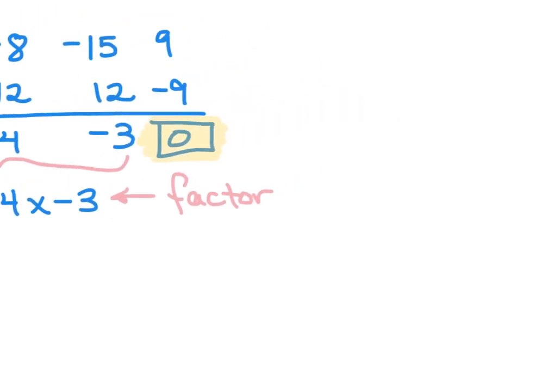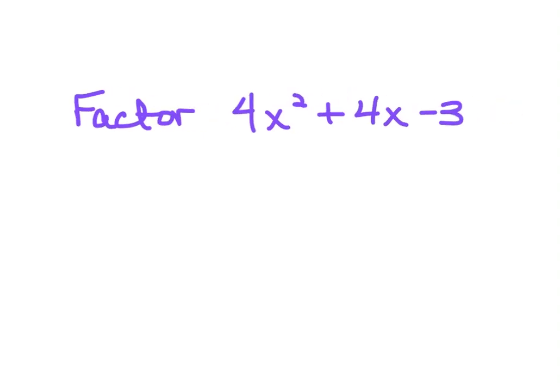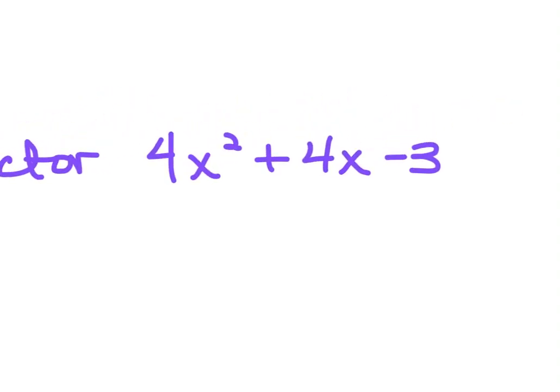But here we go. Off in the margin, I am going to factor 4x squared plus 4x minus 3. Now remember that with the box method, you take the first coefficient and multiply it by the last coefficient.